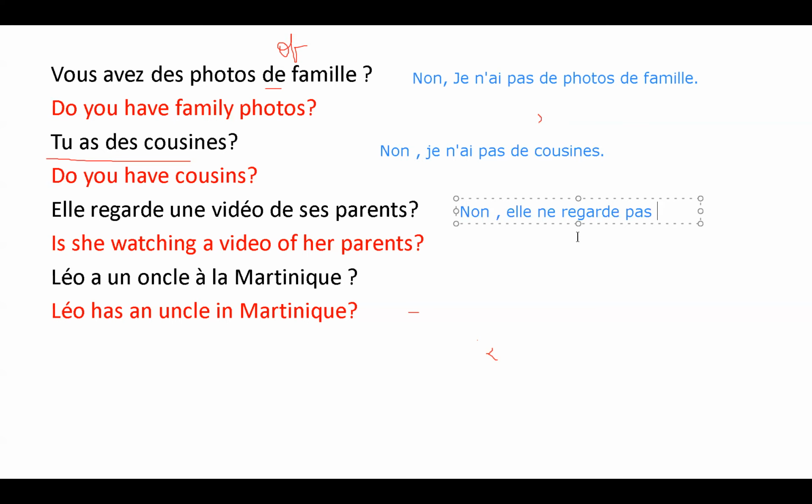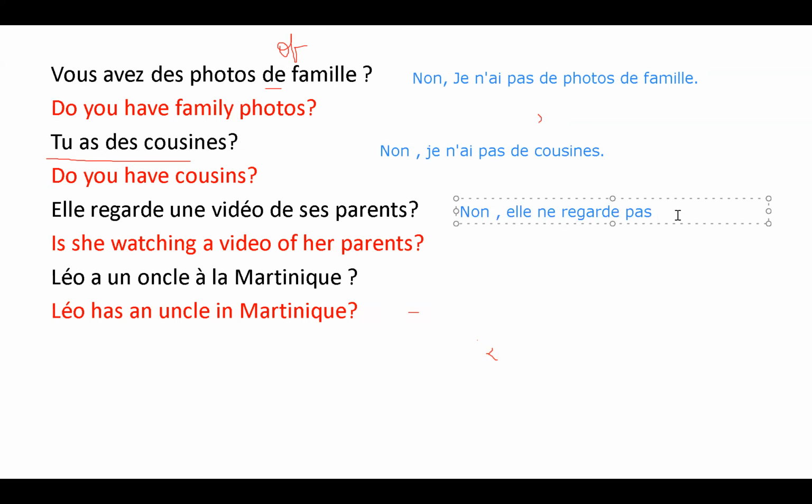Okay, so what is the verb here? Like the action, regarde. You need to identify. Regarde is a verb. You put ne before that and pas after that. So elle ne regarde pas. Okay, so elle ne regarde pas. It means she is not watching, correct. She's not watching that.